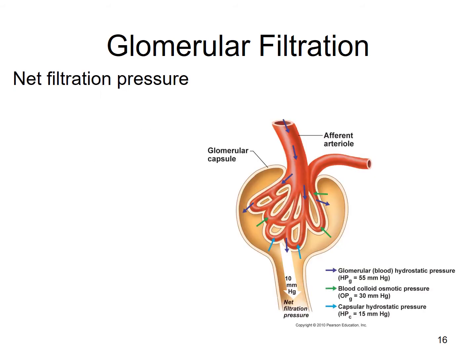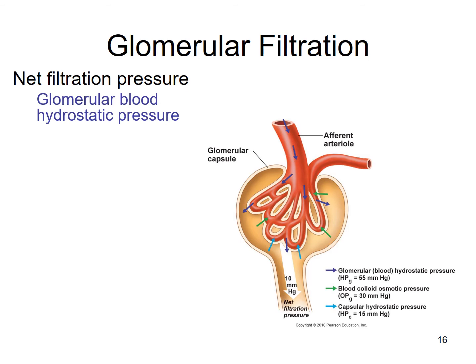So let's take a look at the filtration pressure itself. There are a number of forces that determine exactly how much fluid gets filtered out of the glomerulus. The first is glomerular blood hydrostatic pressure. This is hydrostatic pressure that begins with the left ventricle of the heart. This is basically your arterial blood pressure.